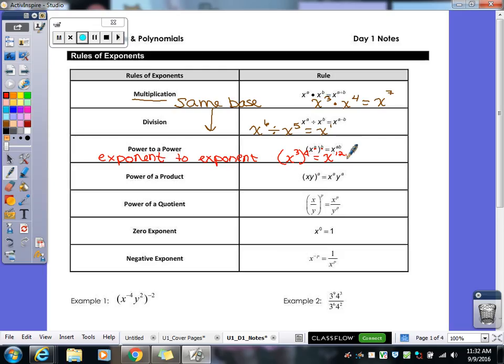Okay, power of a product. That just means if you have an exponent outside of a set of parentheses, you need to give that exponent to everything inside the parentheses. So that's why it becomes x to the a, y to the a. For another example, if I have x, y to the 4th, it turns into x to the 4th, and then y to the 4th.